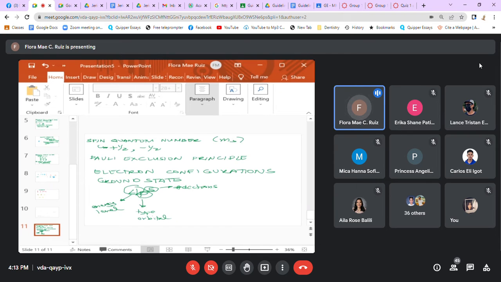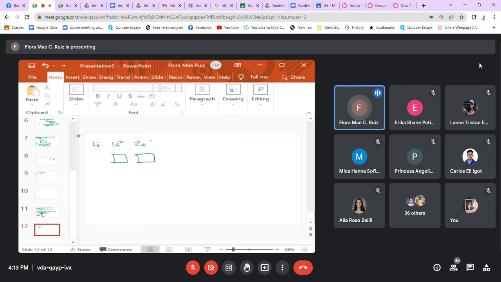How do we create an orbital diagram? For example, we have lithium, 1s2, 2s1. Let's create the boxes. Each box in the diagram represents an orbital. This is your 1s2, this is your 2s1. Half arrows represent the electrons.